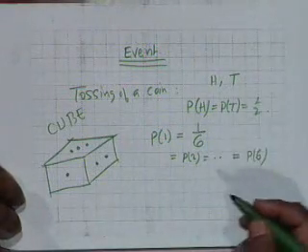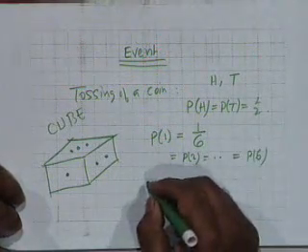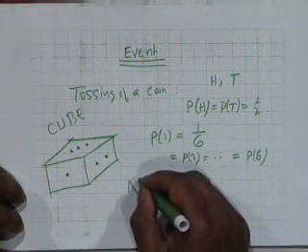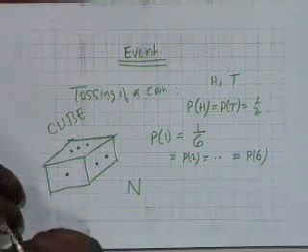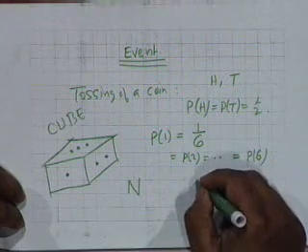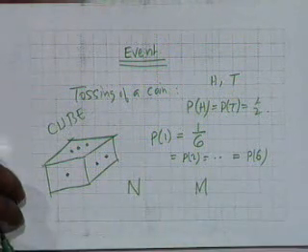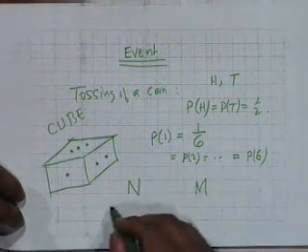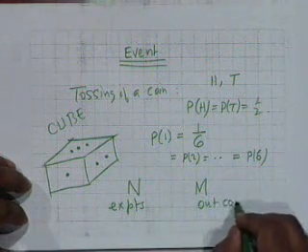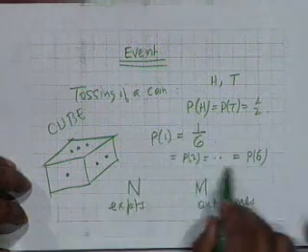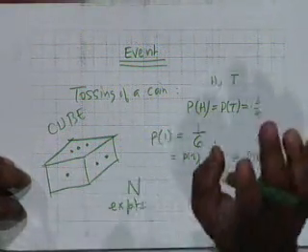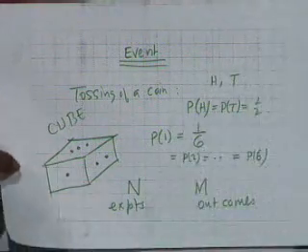You also notice that we can state now in general terms that if there are capital N number of experiments and capital M number of outcomes, well, here there are 6 experiments and 6 possible outcomes.